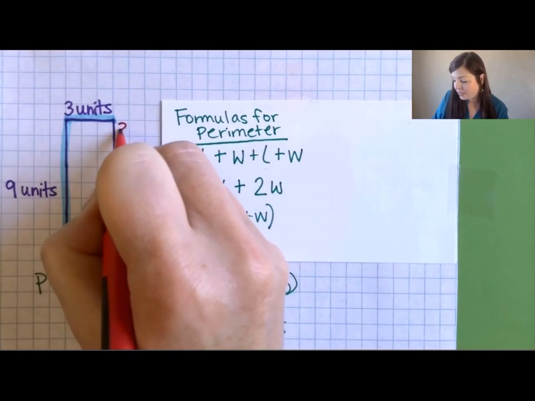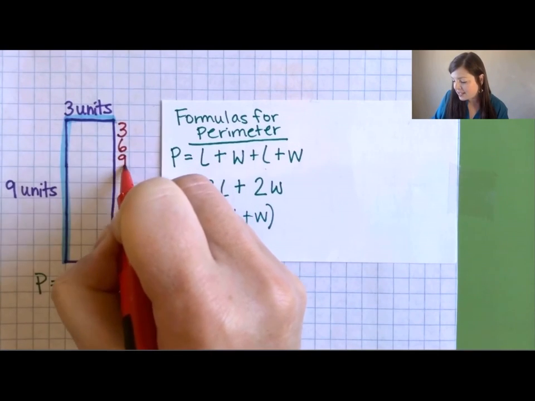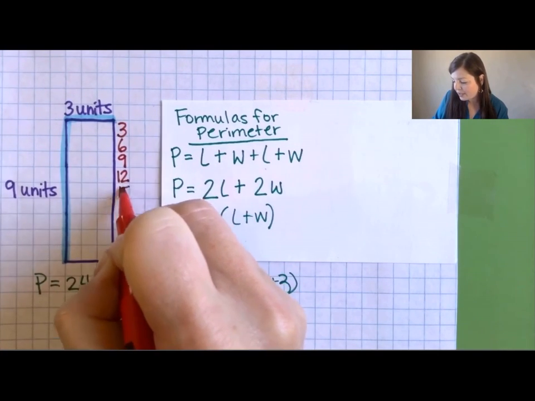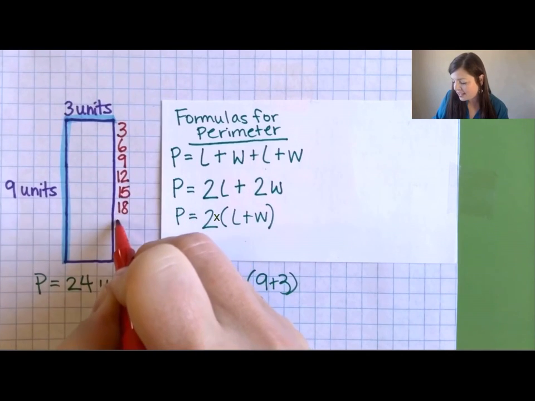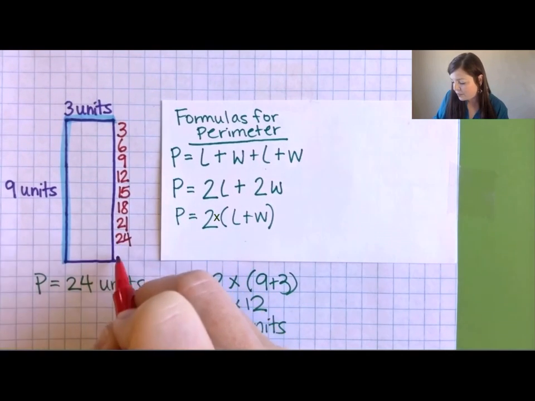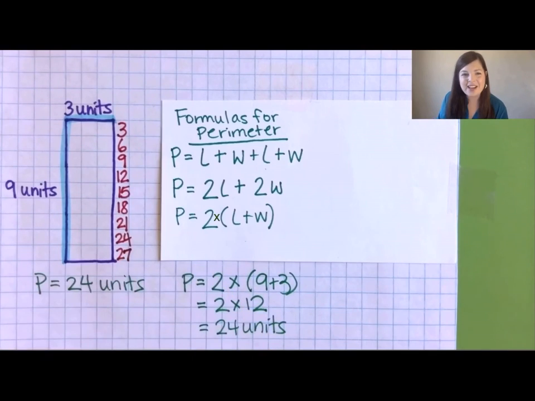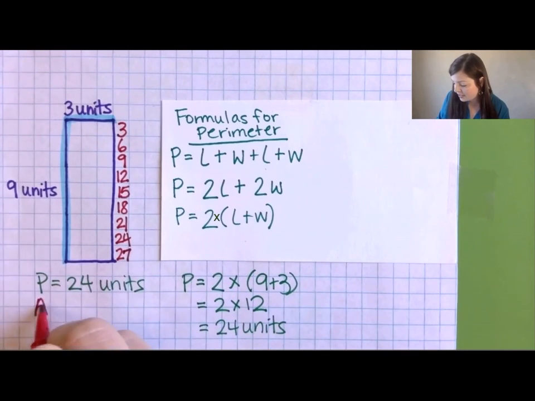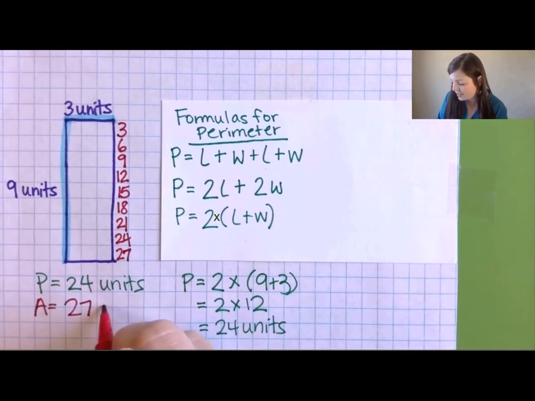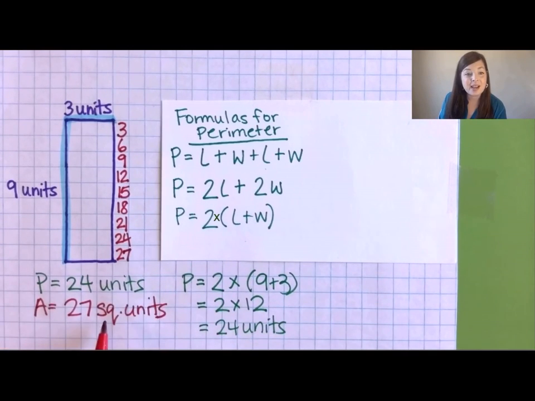Ready? 3, 6, 9, 12, 15, 18, 21, 24, 27. So the area equals 27 square units. Notice this time I abbreviated square.